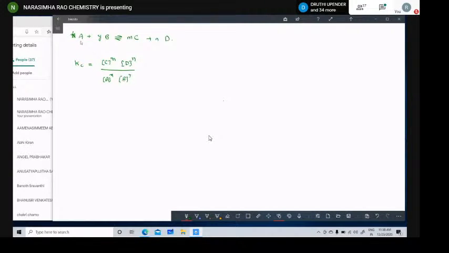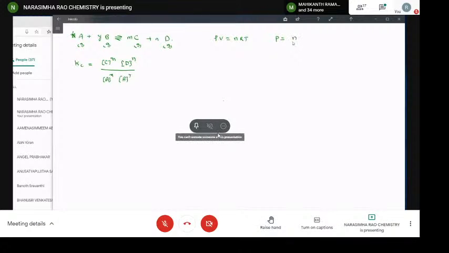Consider these are all gaseous components, children. Now we know that PV is equal to nRT. So the pressure of the gas is equal to n by V into RT.